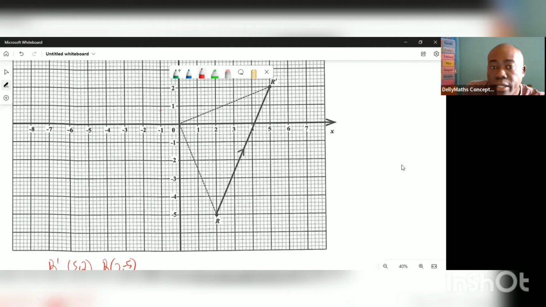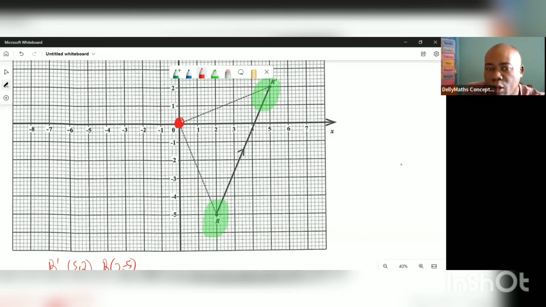If you look at what took place, we're talking about moving this to here, moving that to there. So definitely I'm seeing a rotation of 90 degrees in an anti-clockwise direction. Looking about the center, 0, 0 here is my center.